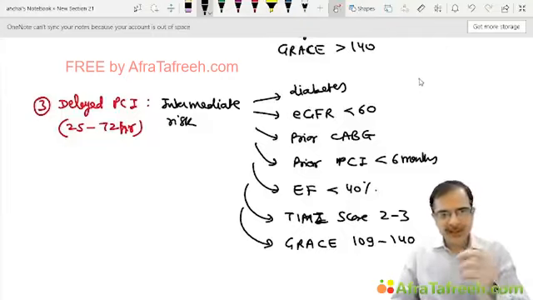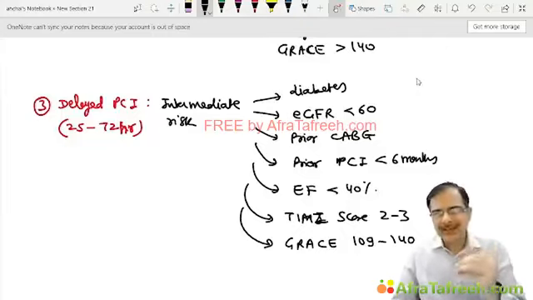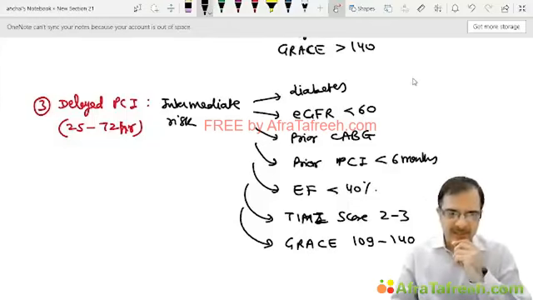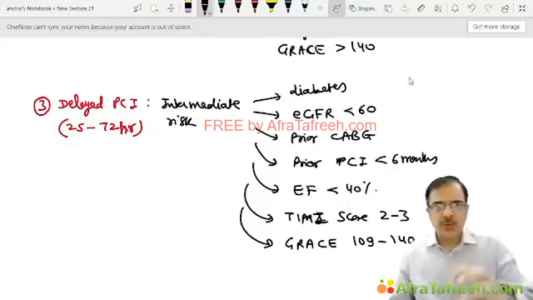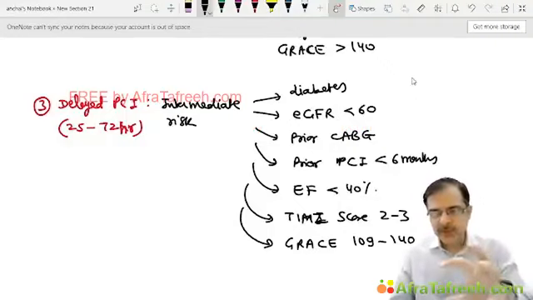Any one of these indications will make the patient intermediate risk for the delayed PCI.